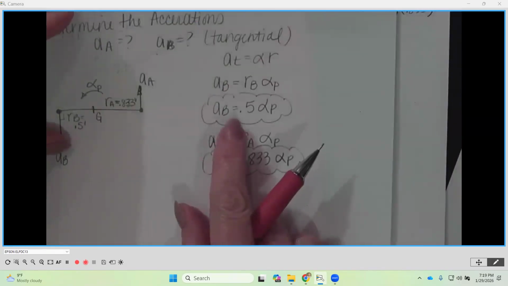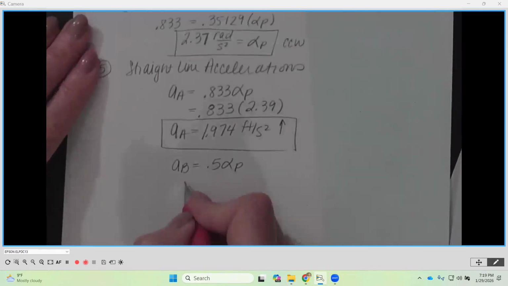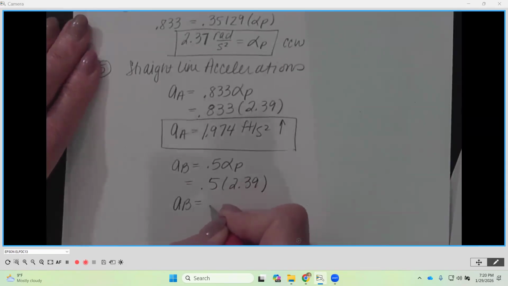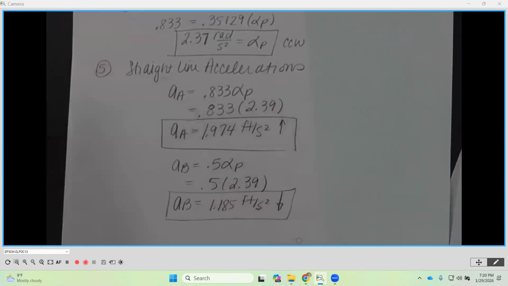And now we're going to use this equation here to get the acceleration at B. And this one is going down. So you should get 1.185 feet per second squared. Make sure that the final units are in here. Don't leave those off, all right?